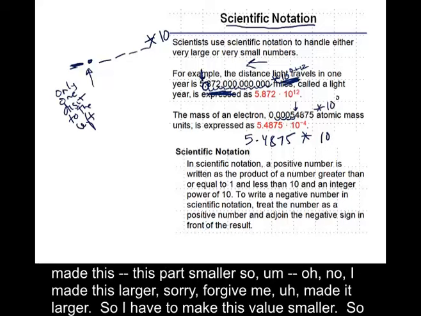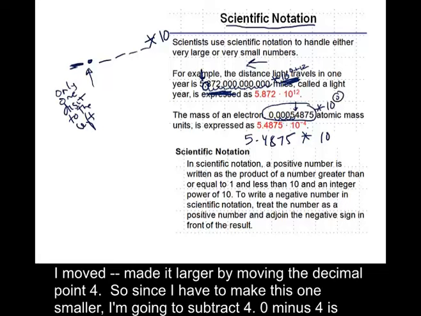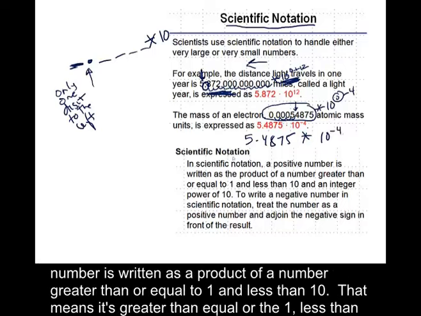I made this larger, so I have to make this value smaller. I moved the decimal point 4, so I'm going to subtract 4. 0 minus 4 is a negative 4.